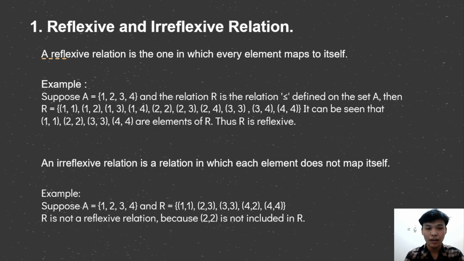A reflexive relation is the one in which every element maps to itself. For example, suppose A is equal to {1, 2, 3, 4}, and the relation R is the relation less than or equal to defined on the set A. Then R is equal to {(1,1), (1,2), (1,3), (1,4), (2,2), (2,3), (2,4), (3,3), (3,4), (4,4)}.